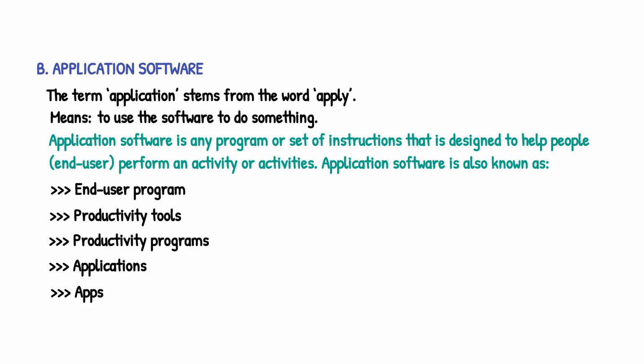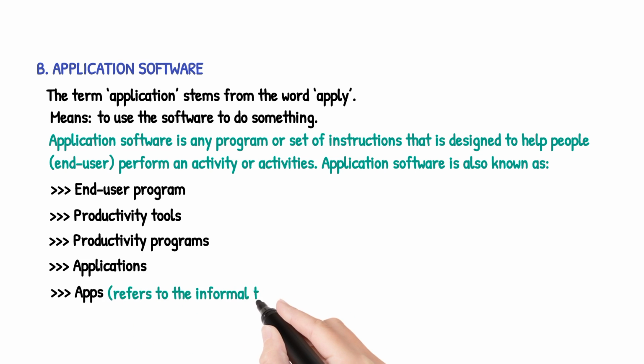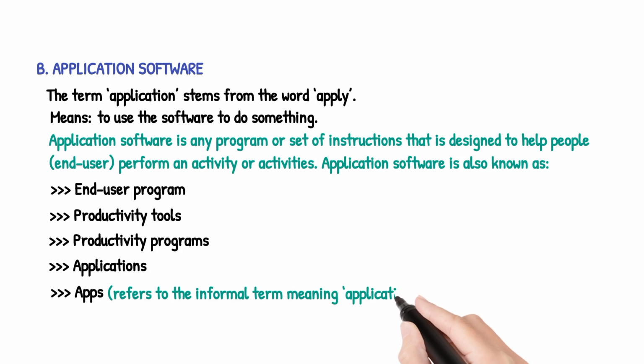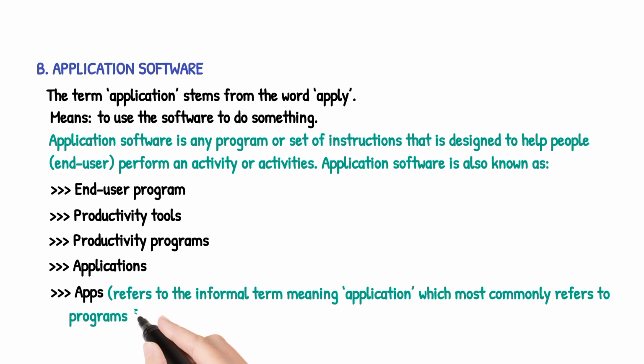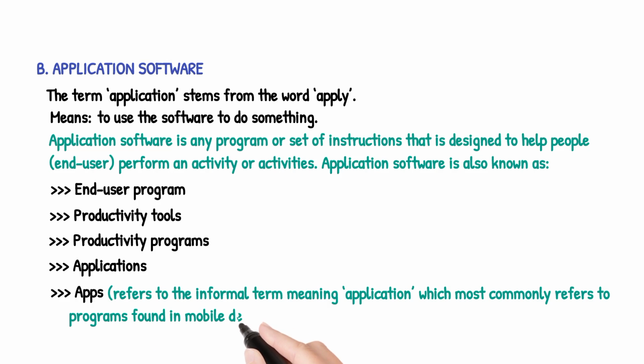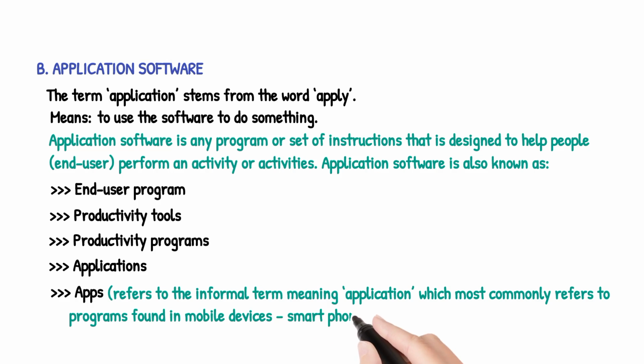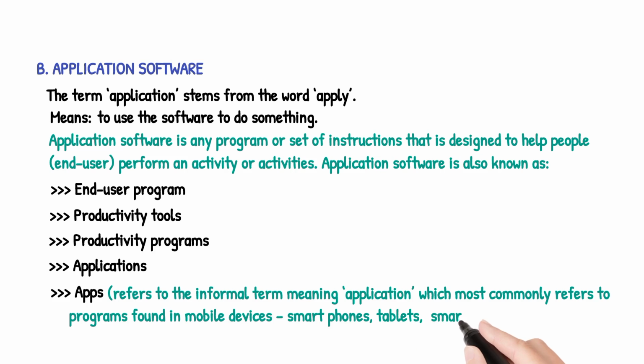So the term apps refers to the informal term which means application, which most of us commonly use when we are talking about those small icons which we are able to see on our devices, such as our phones, our tablets, our smartwatches, among others. So those are apps that we are able to see. Those fall under the application software.